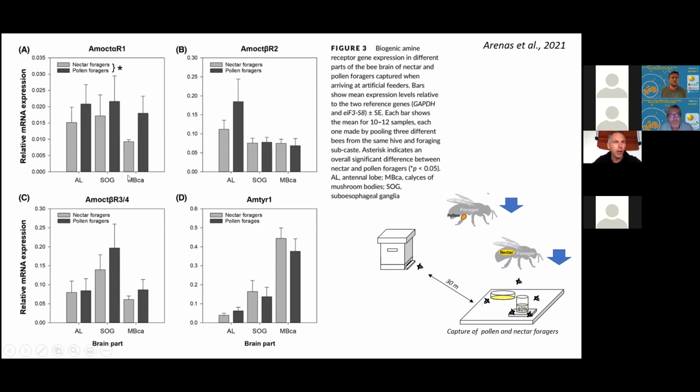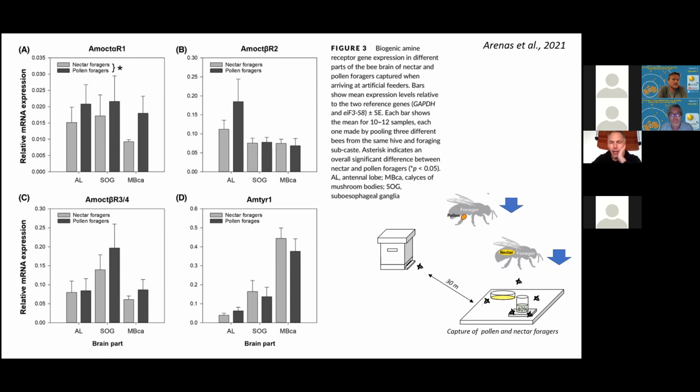And here we found differences for the whole brain in one receptor, octopamine receptor 1, alpha 1.